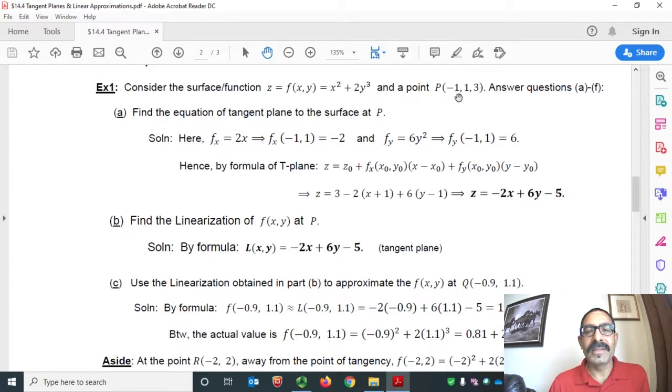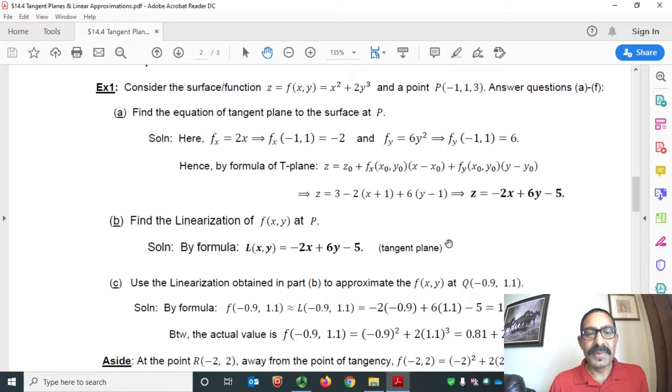So P is (x0, y0, z0). Let's put those values in this expression. So the last line here: z equals 3 minus 2 times (x plus 1) plus 6 times (y minus 1). Simplify, it gives you z equals -2x plus 6y minus 5. I hope this makes sense to you all.